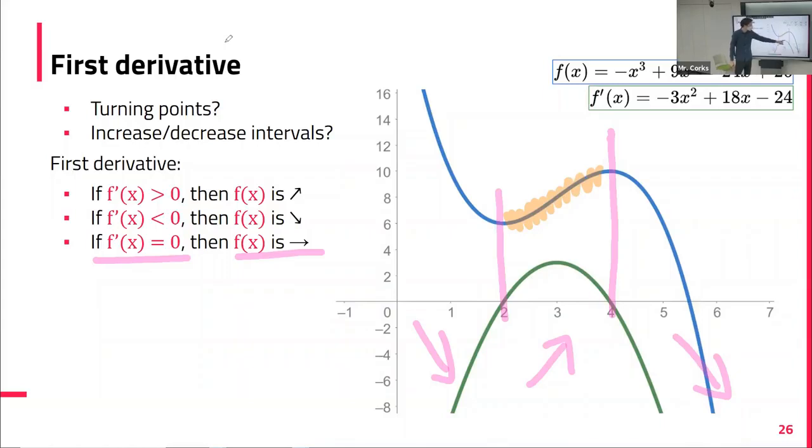What is true about the derivative function for the whole thing? There's something that does not change. Yes, it's positive.